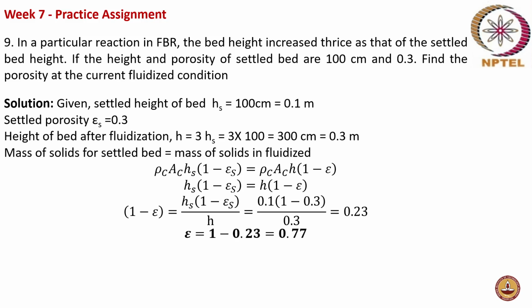That means your porosity at the given condition of fluidization, where your bed height becomes thrice that of the settled bed height, is 0.77. So as the bed height increases thrice, your porosity becomes 0.77. Right?